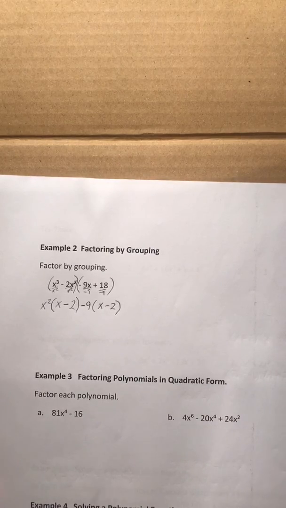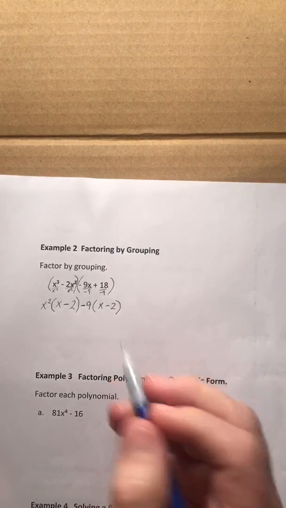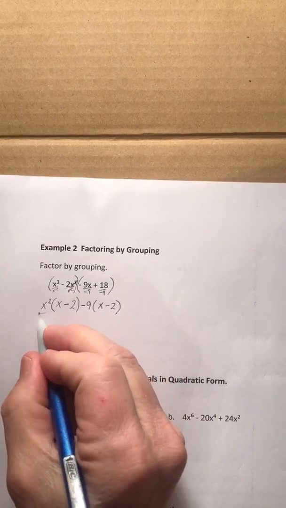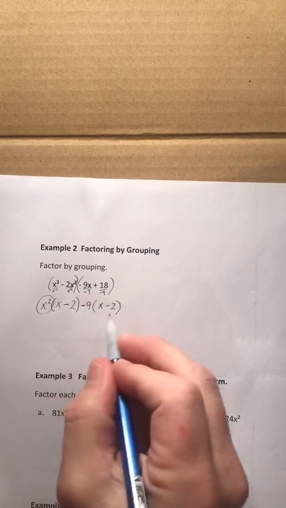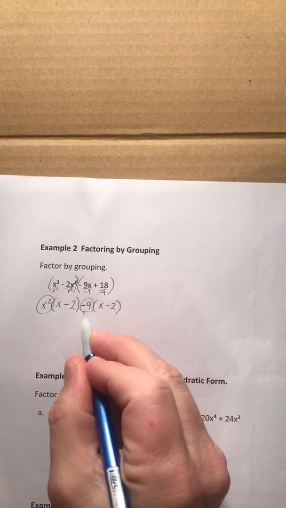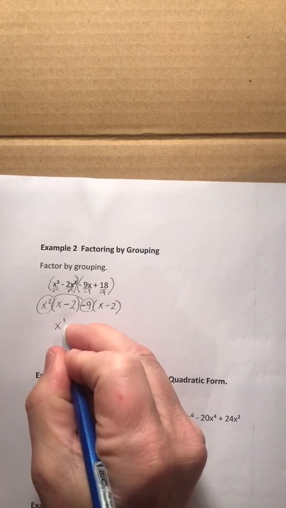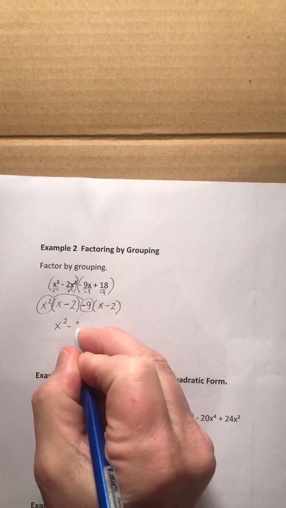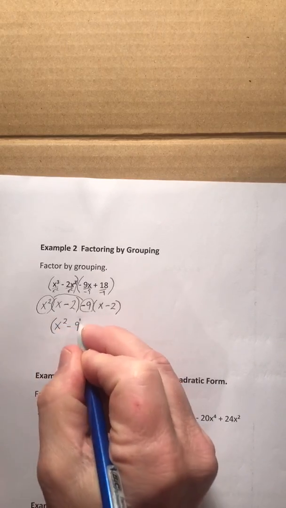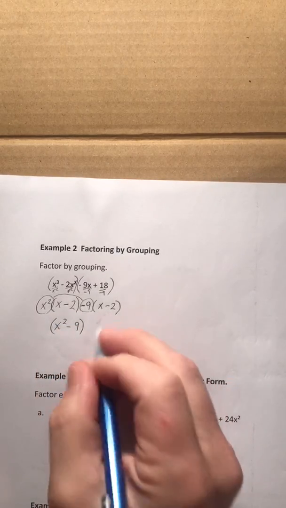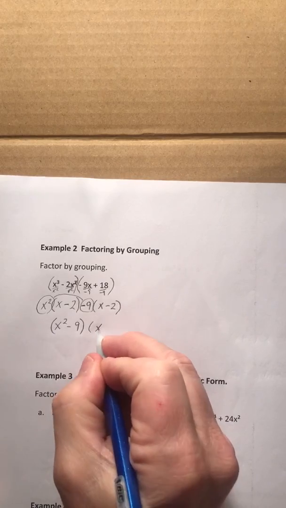Alright. Now what we're going to do is we're going to take what's in front of each set of parentheses. So we're going to take this, and we're going to take this, and we're going to group those two together. So they go in their own set of parentheses. So I got an x squared minus 9, and then I bring down one of the x minus 2's.